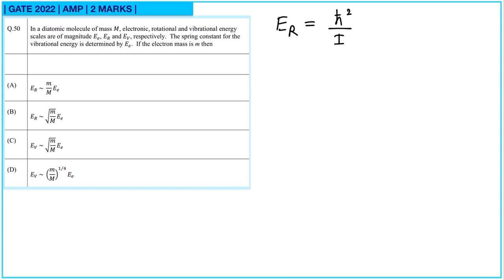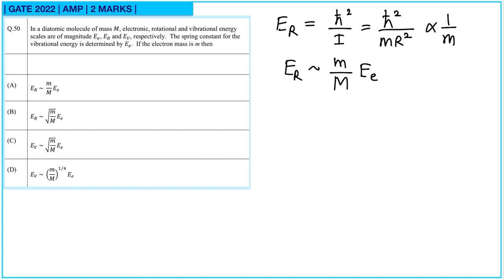So 1 into 2 by 2, so 1. And this will be ħ², I is mr². So that means it is inversely proportional to mass. So ER will be the mass of the electron upon the mass of the molecule into EE. So here option A is correct because it is inversely proportional to mass.